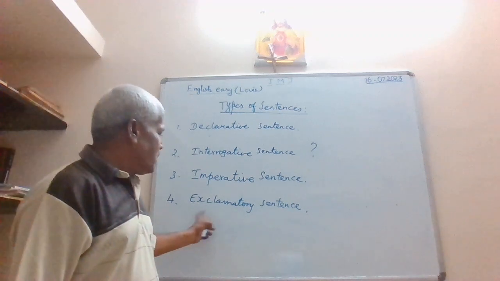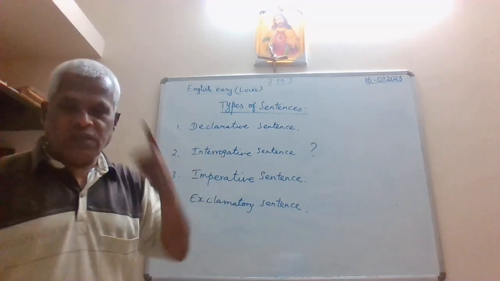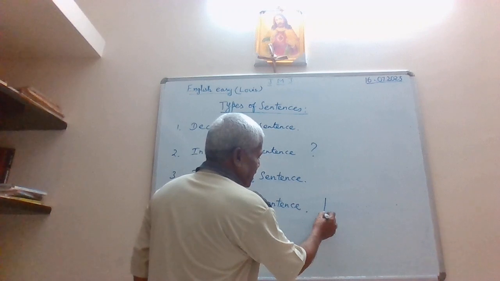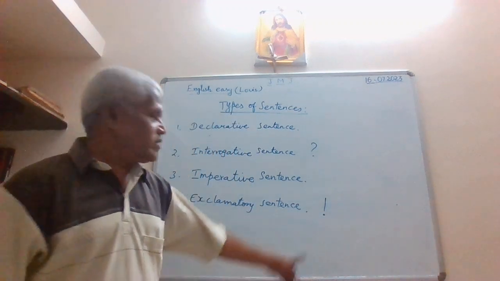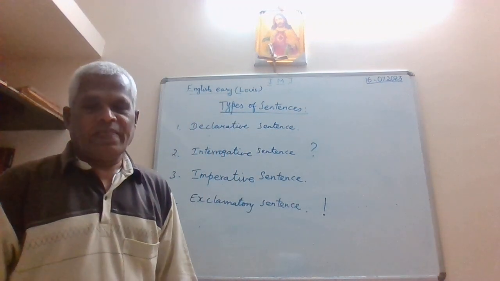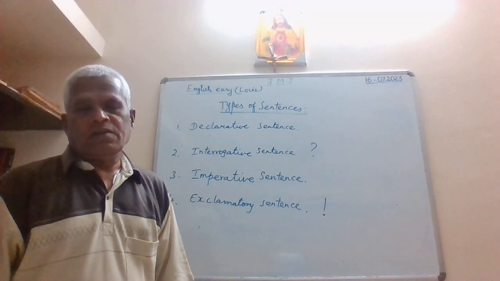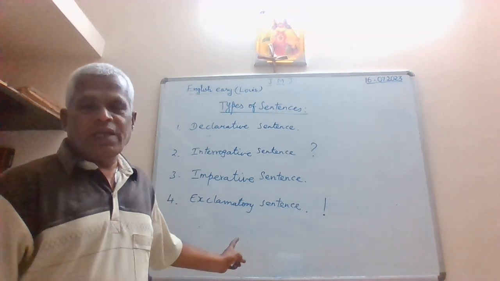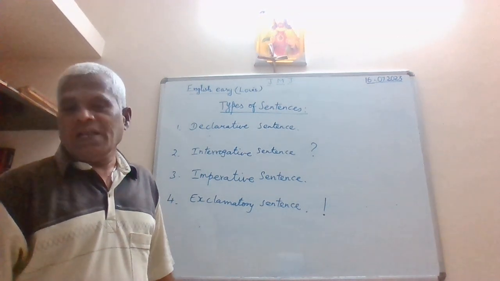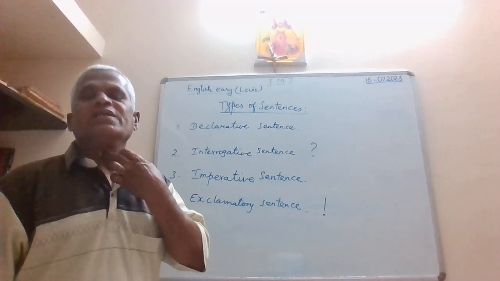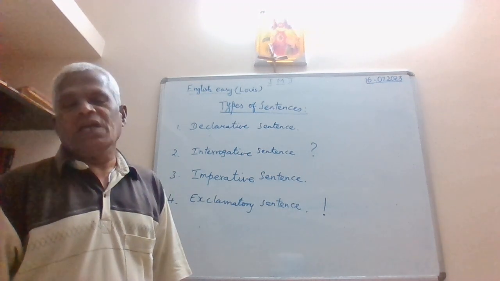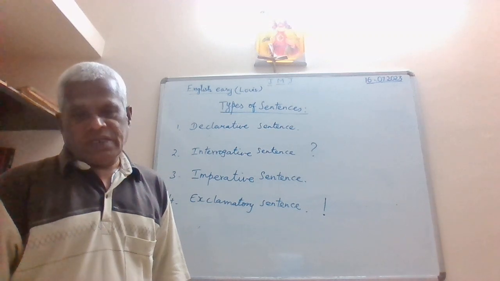Similarly, when we talk about the exclamatory sentence, your mind should think of the exclamation mark. This should be like a statement, but all the exclamatory sentences will end with a verb.